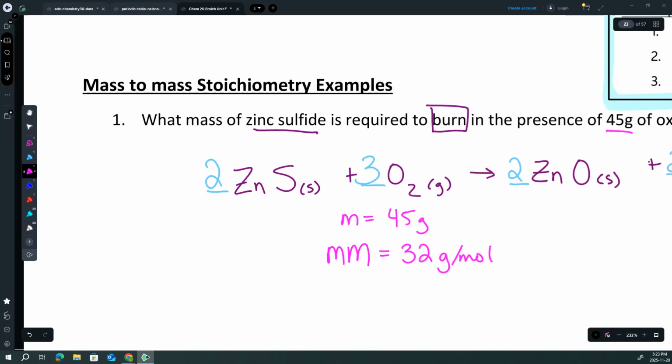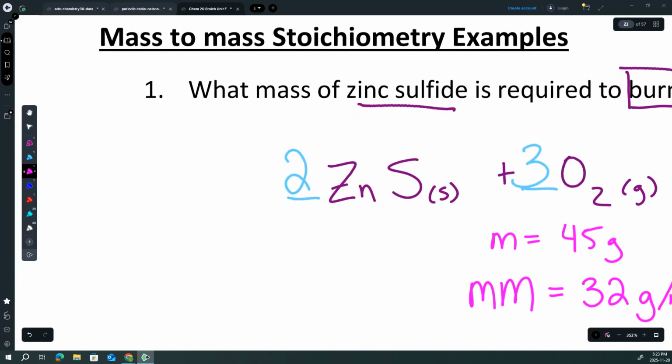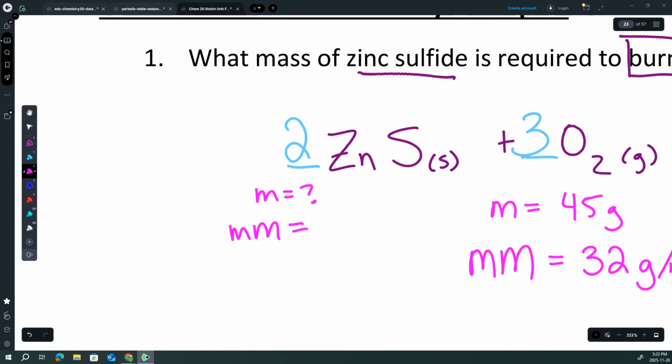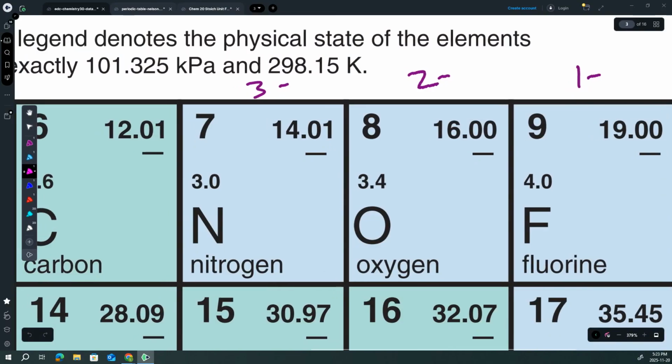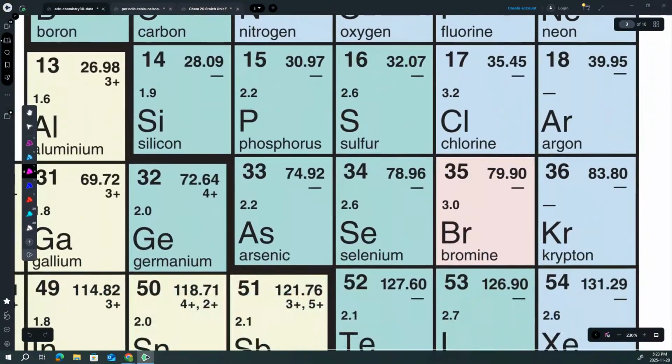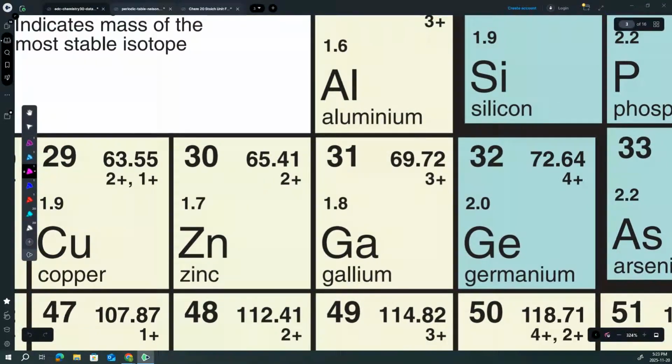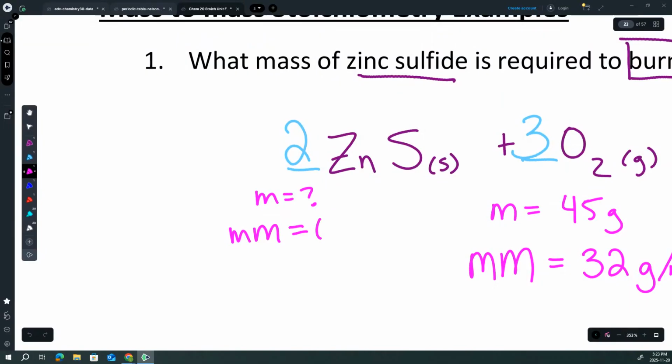All right, and we're asked what mass of zinc sulfide. So mass, we have no clue. Molar mass, we need to figure that out for zinc sulfide. Going to our periodic table, zinc is 65.41.